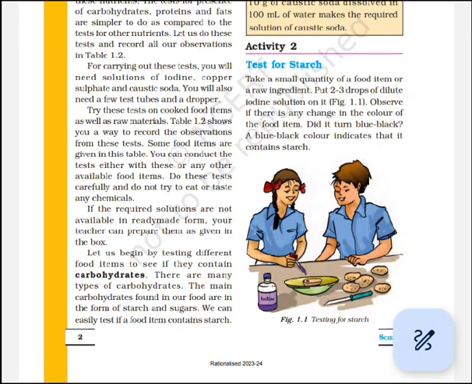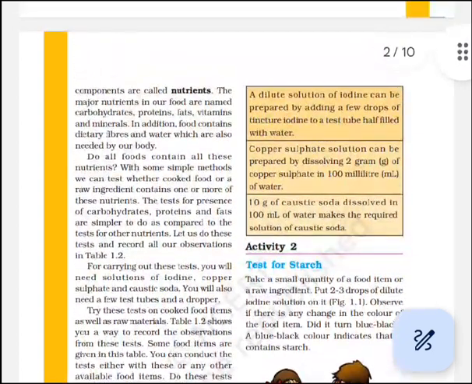There are many types of carbohydrates. The main carbohydrates found in our food are in the form of starch and sugars. We can easily test if a food item contains starch. A dilute solution of iodine can be prepared by adding a few drops of tincture iodine to a test tube half filled with water.